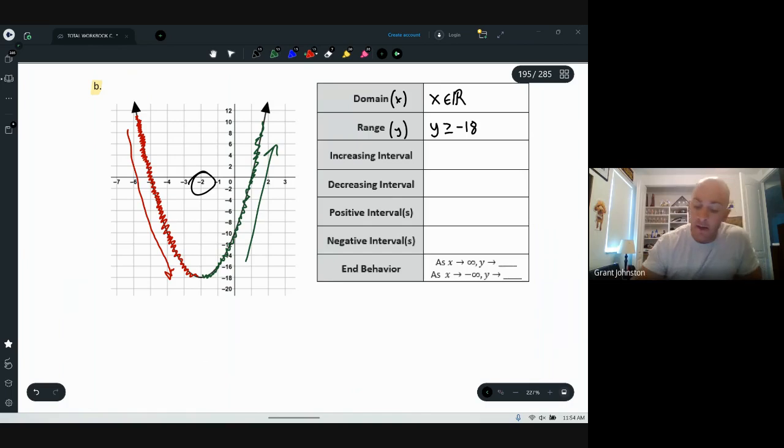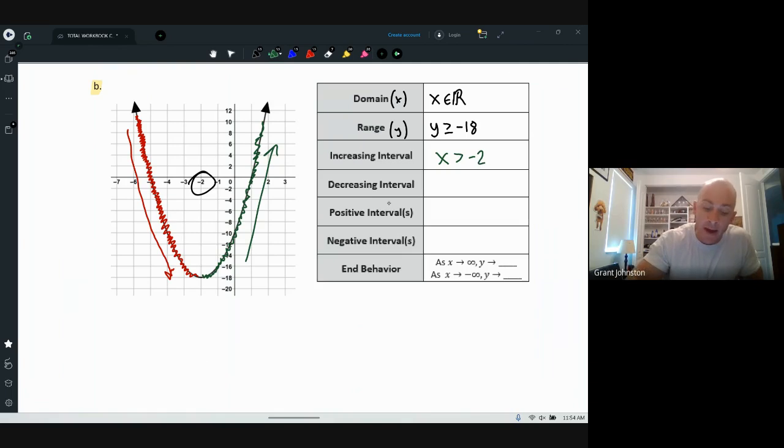The first one says increasing. So the increasing interval is when x is greater than -2. And the decreasing interval is when x is less than -2.